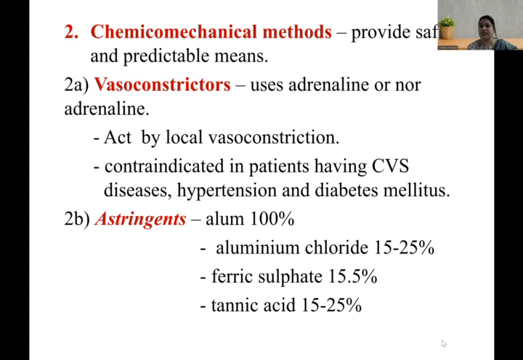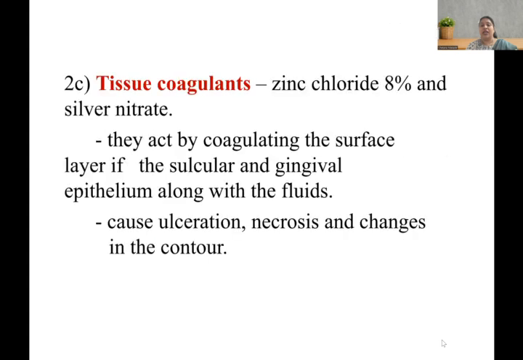The other option is astringents, which usually comprise alum 100%, aluminum chloride 15 to 25%, ferric sulfate 15.5%, and tannic acid 15 to 25%. These are very safe methods for chemicomechanical retraction.